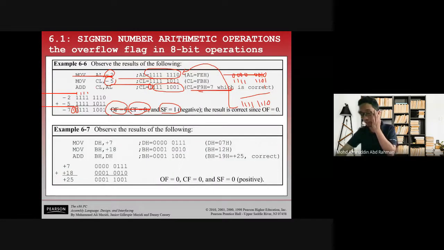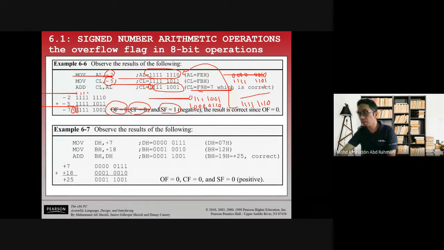Okay, so over here you have 0, 1, 1, 1. Don't take the sign. Then 1, 0, 1. So how do you know it is 7? You invert that: 1, 0, 0, 0, and then 0. Okay, 0, 1, 1, and 0.